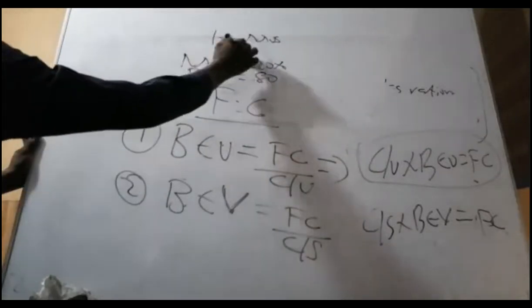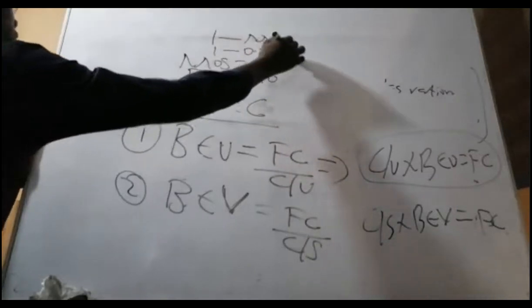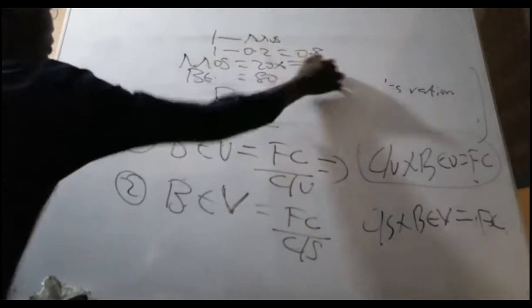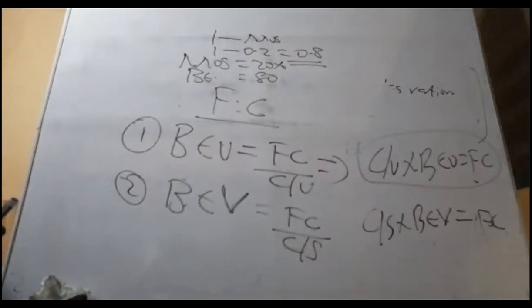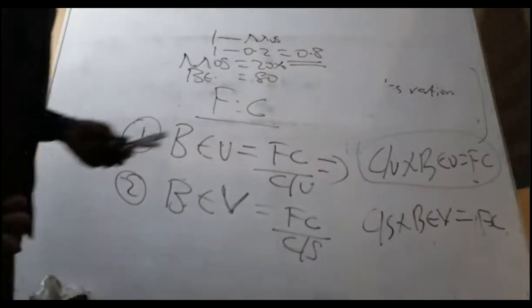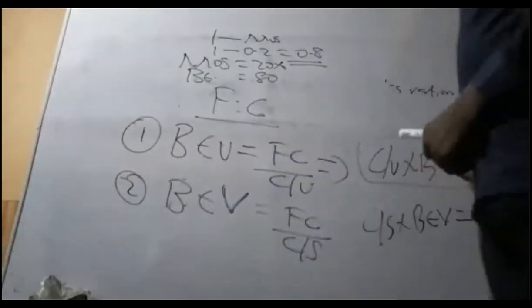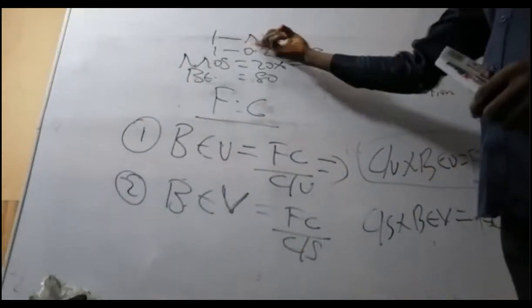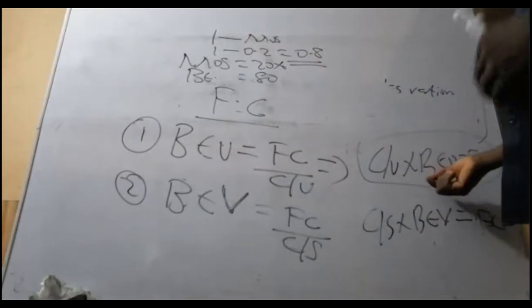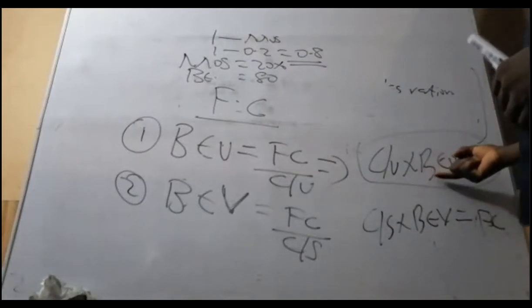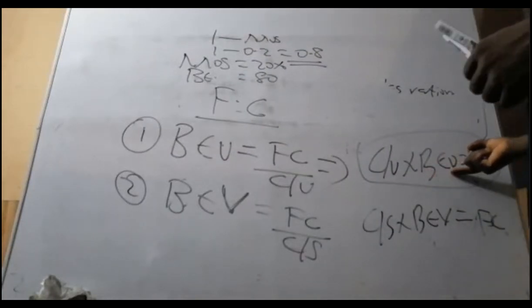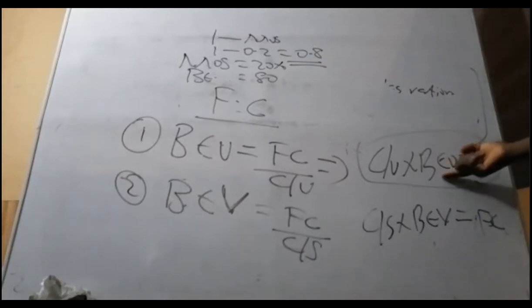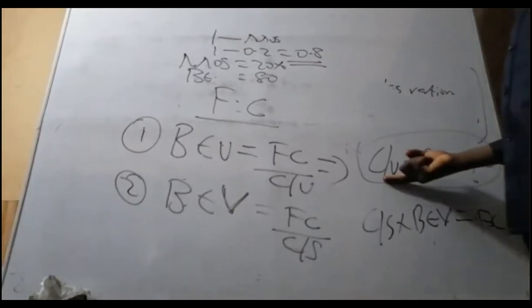So 1 minus 0.2, which is equal to 0.8. So if you want to find the break-even unit, you do this and then multiply the answer by the budgeted units.